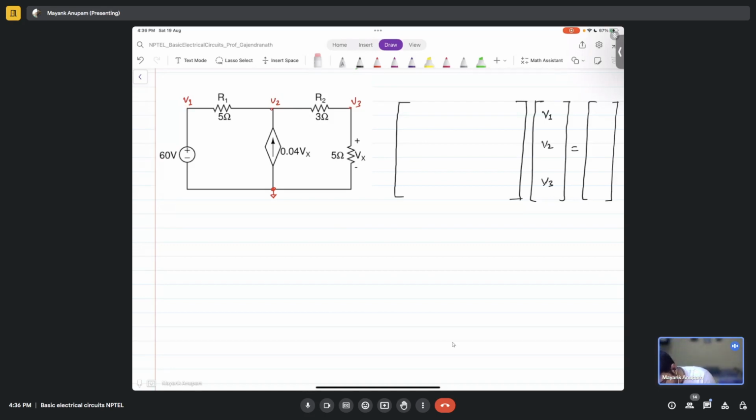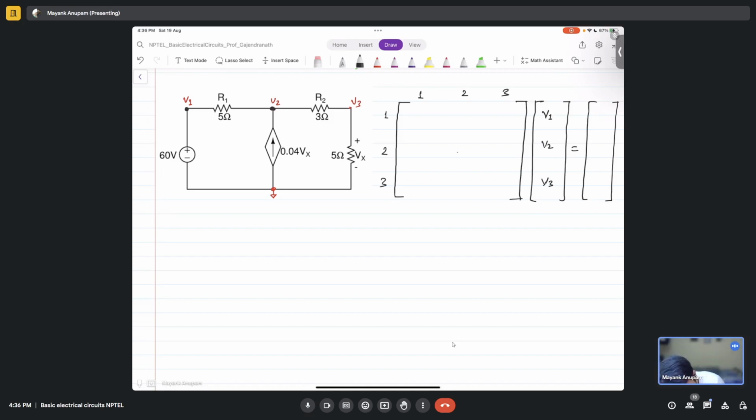What should I do here for node 1? What is the current flowing through node v1? How will I write the nodal equation for node v1? That might be confusing. Start with v2. So tell me, what will be the equation for v2? This is 1, 2, 3.